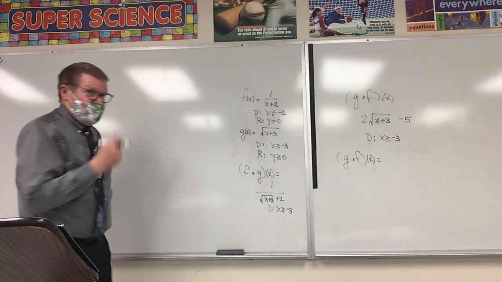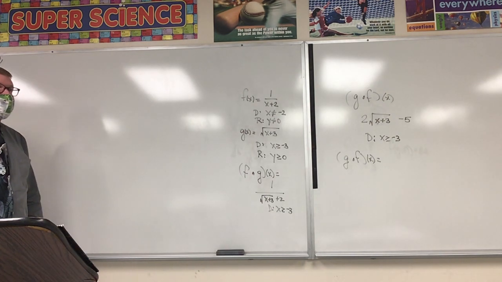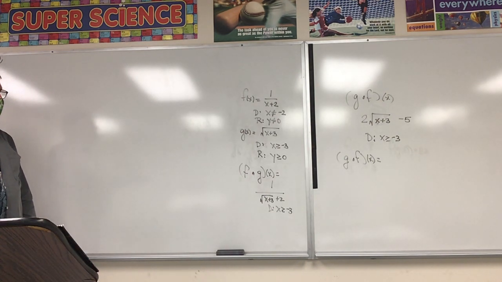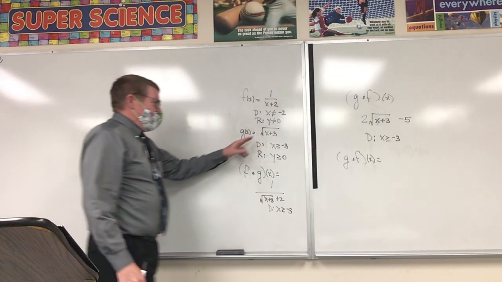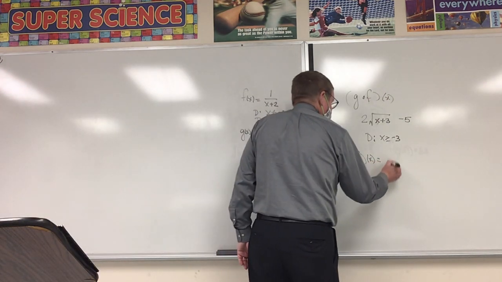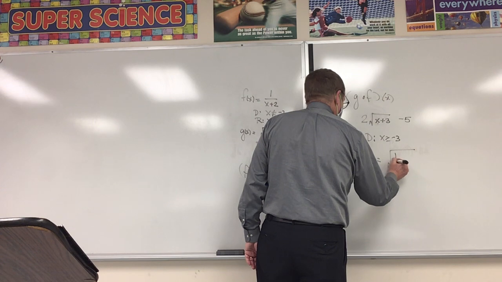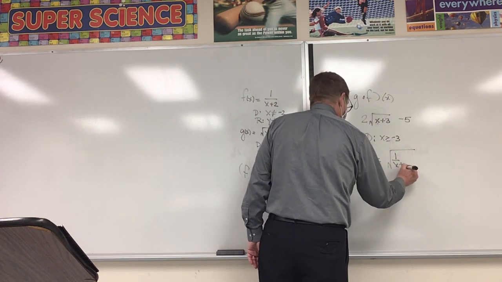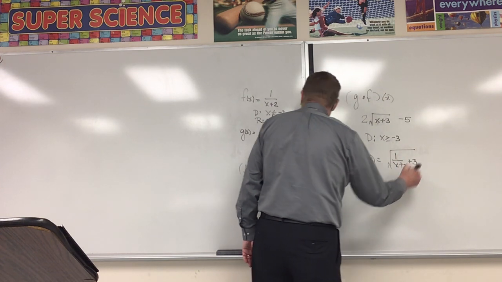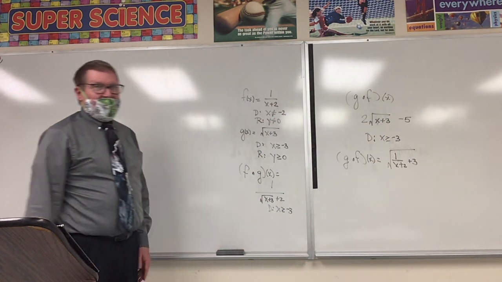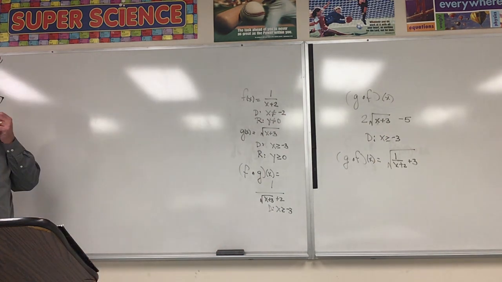G circle F tells me to do what? Alright, put F in for G. That's going to be the square root of 1 over x plus 2, plus 3. Again, I don't necessarily have to simplify here.